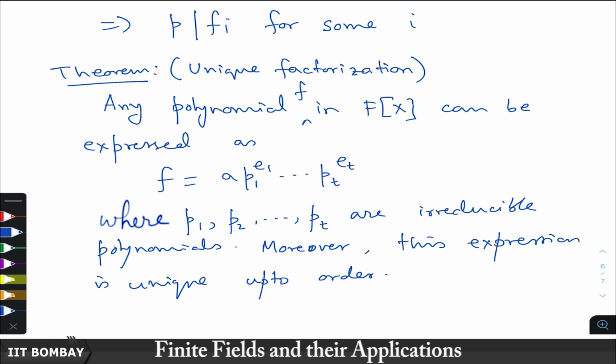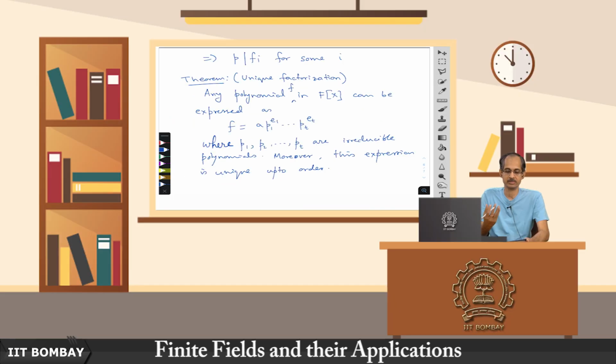If f has non-trivial factors, we can factorize them into smaller degree polynomials, and then those factors can be factored again and again until we get all the factors as irreducible factors. Then we combine all the same factors together and write it as a factor to an exponent, and then we get an expression of this form. While making all of them monic irreducible, we can take out the leading coefficients outside and write that as a.